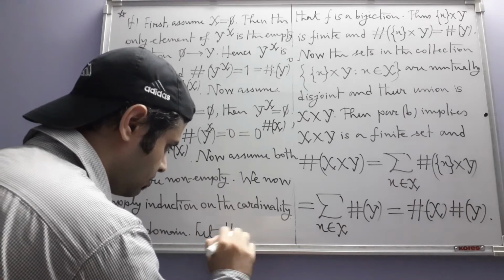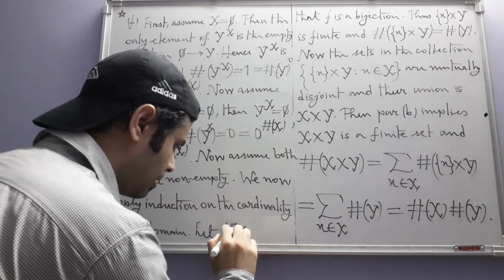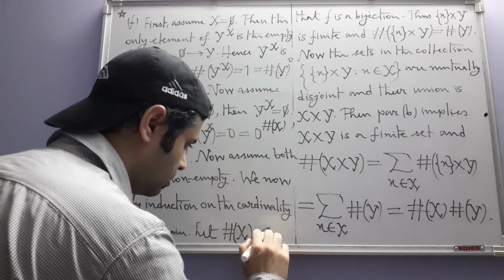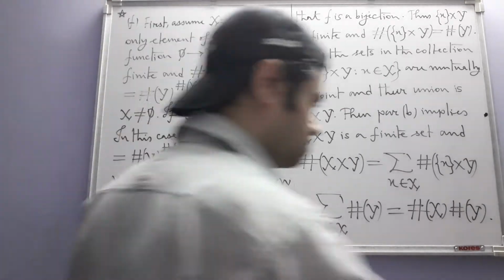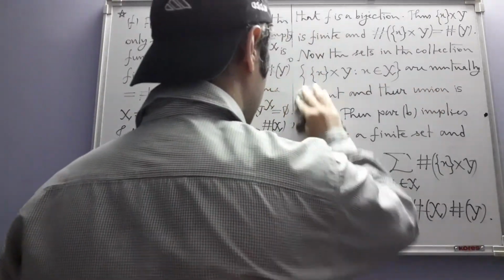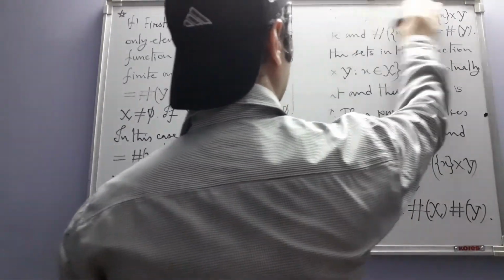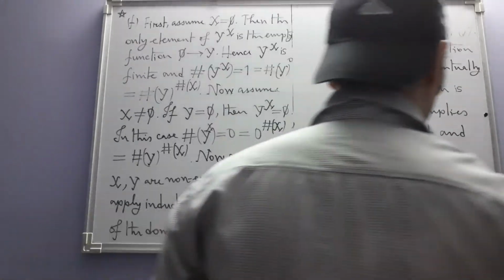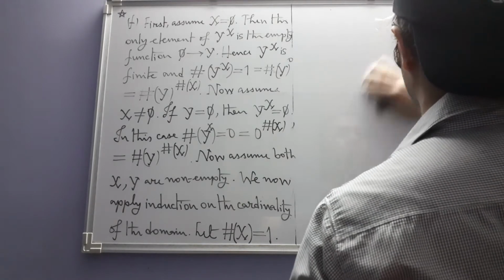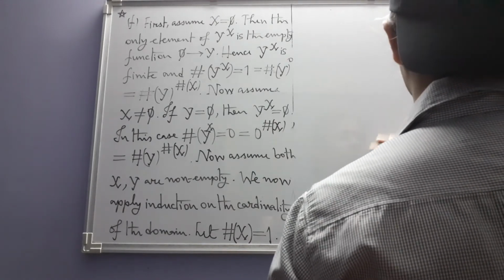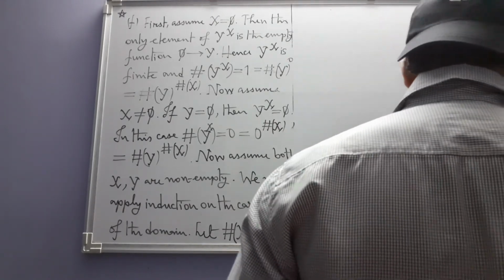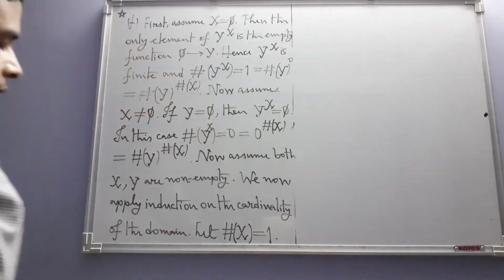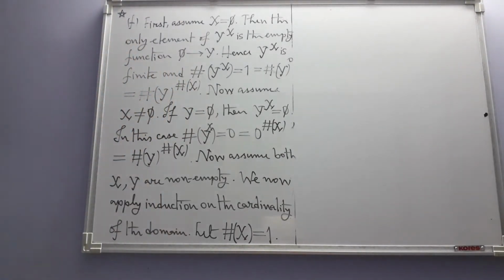Let cardinality of x be equal to 1. If cardinality of x is 1, how many functions do we have?